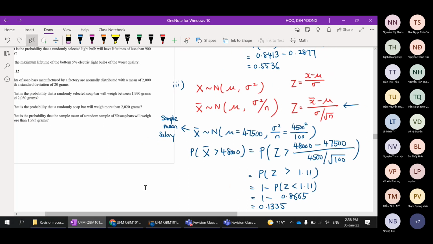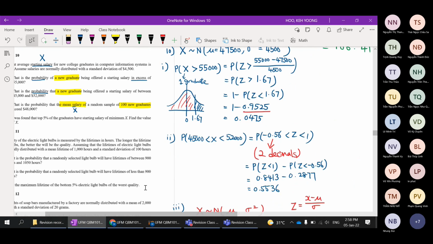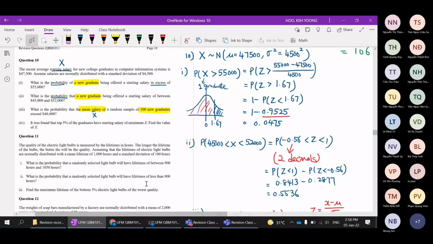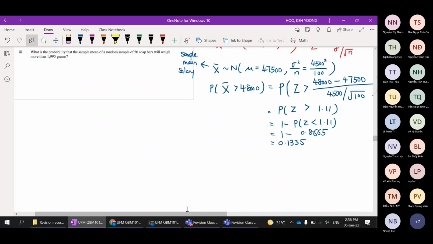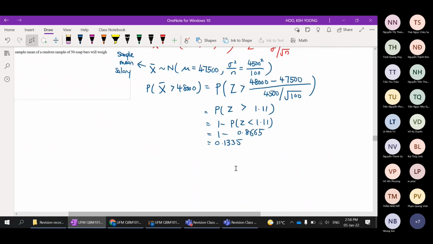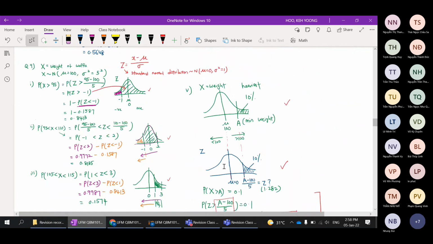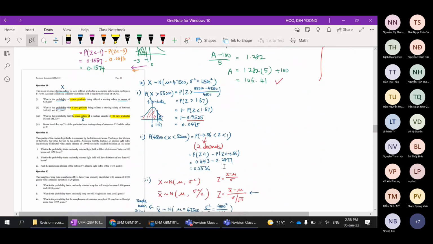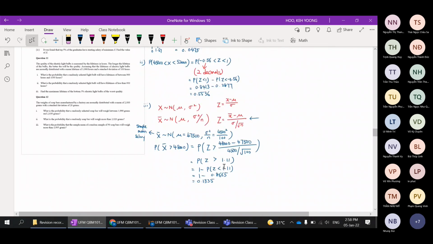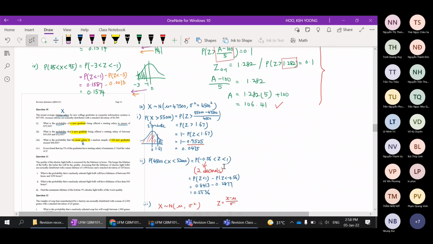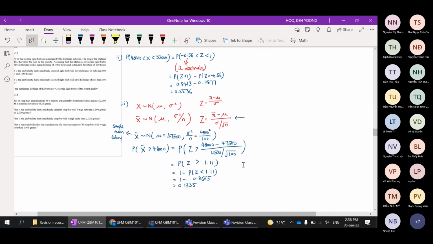Okay, look at question 4. Question 4 is what? It was found that the top 5% of the graduates have a starting salary of minimum X. Find the value of X. This one requires a bit of illustration again, so maybe I will write beside here.